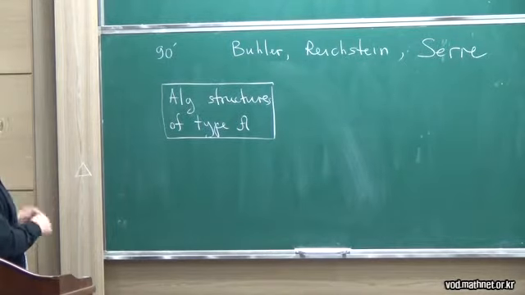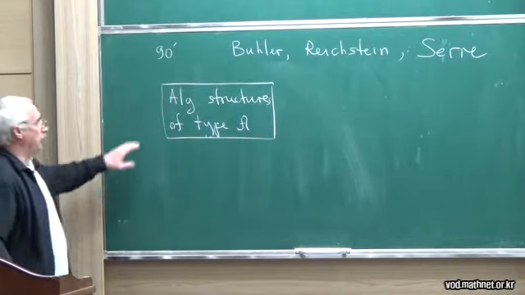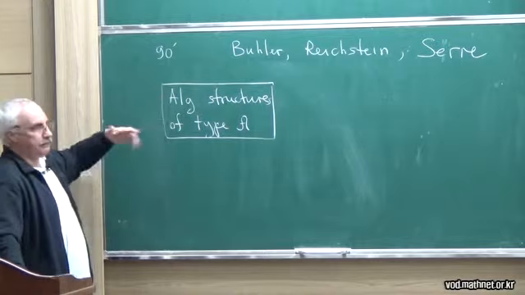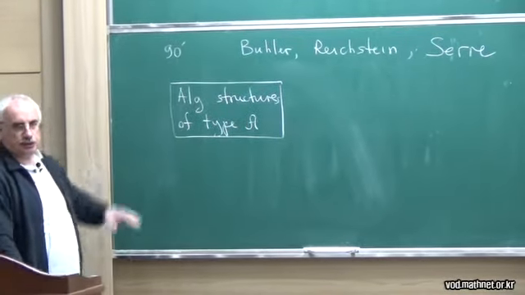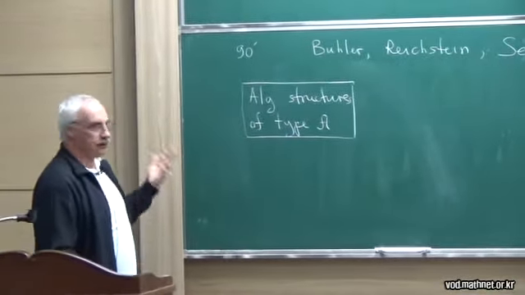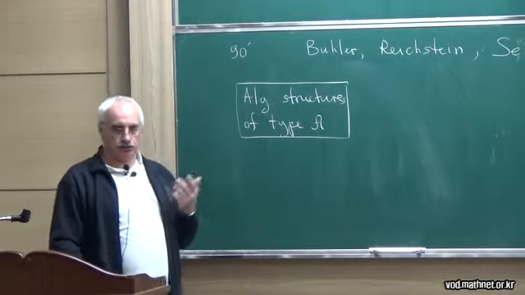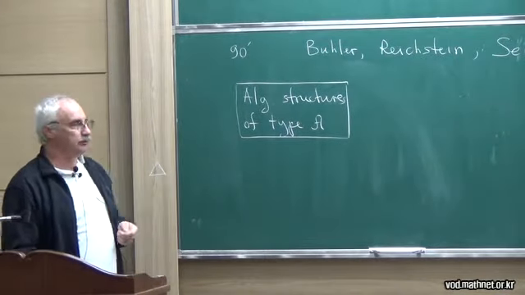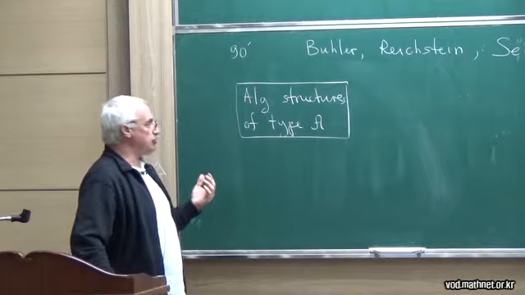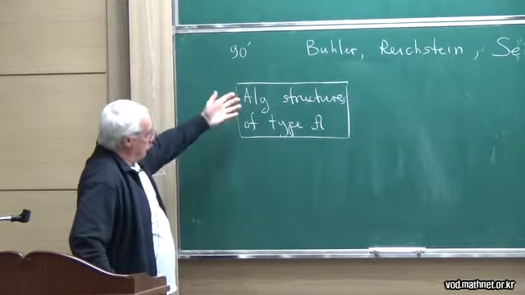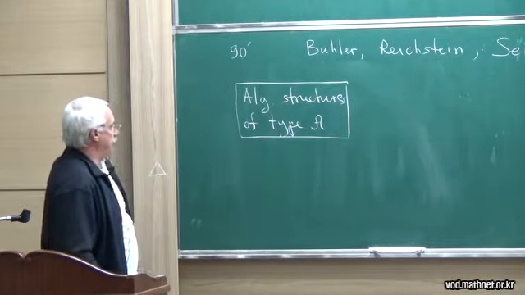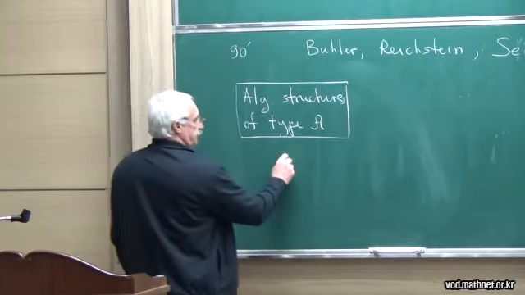And the idea is to estimate the complexity of this structure by assigning a non-negative integer to it. A very simple invariant, just one integer, should describe the complexity. This number is called the essential dimension of the structure.